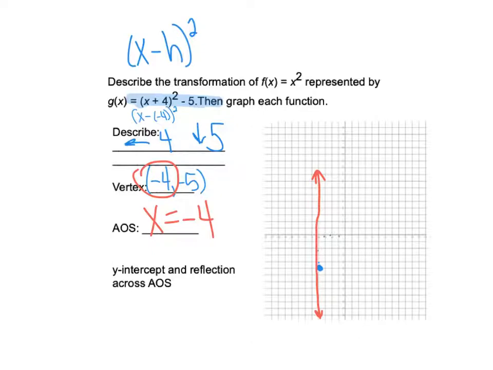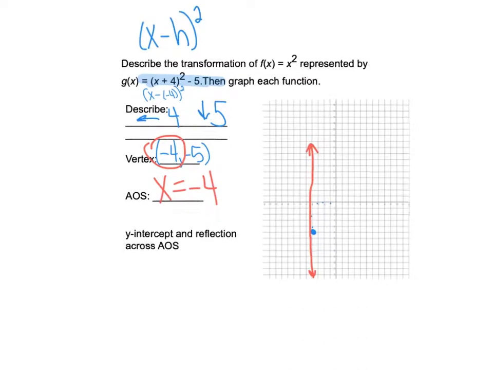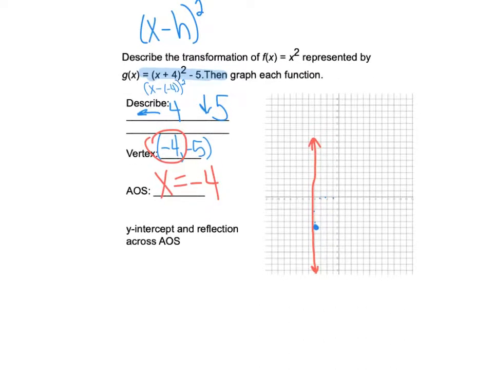And then the next thing we need to do, so we have our vertex, we need to put a point on each side of our vertex so we have something to connect our parabola with. So our y-intercept is, remember, our value of y when x is 0. To figure that out, all we have to do is go up to our original equation.